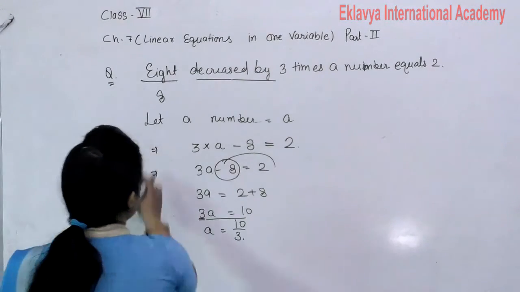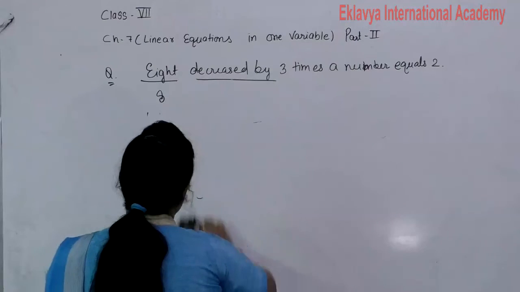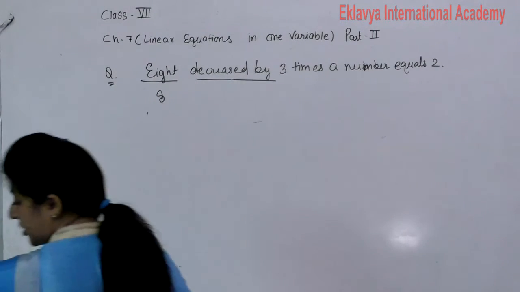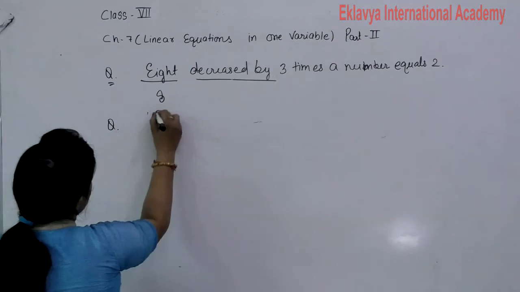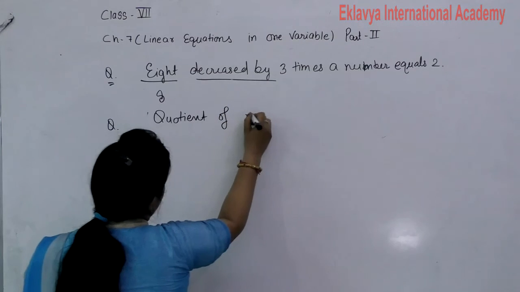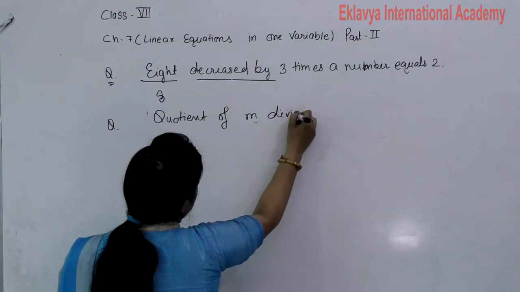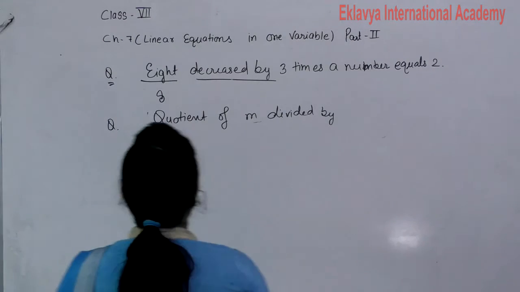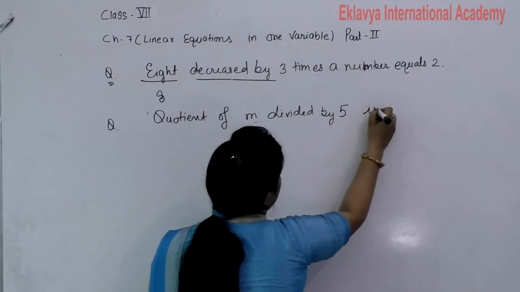See another thing. Suppose it is given to you: the quotient of m divided by 5 is 6.